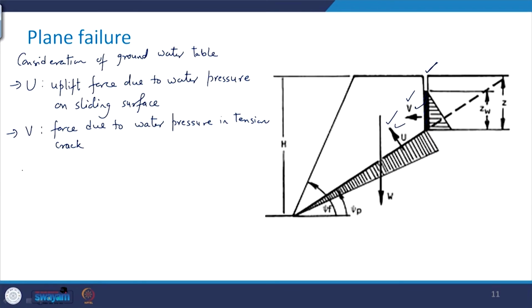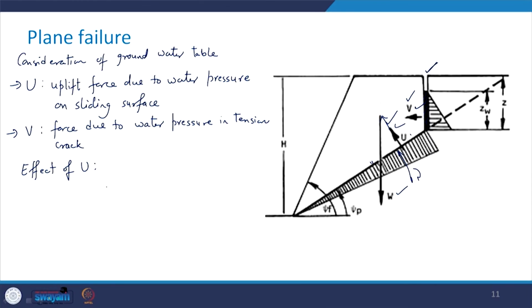So, what is going to be the effect of U? On this plane a normal force N was acting, which was some component of W earlier when the water table is not present. Now, this U is acting in the other direction, but still it is perpendicular to this plane of discontinuity.